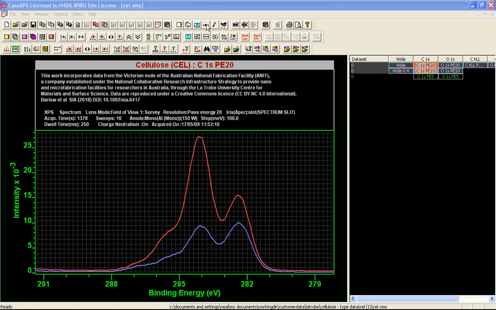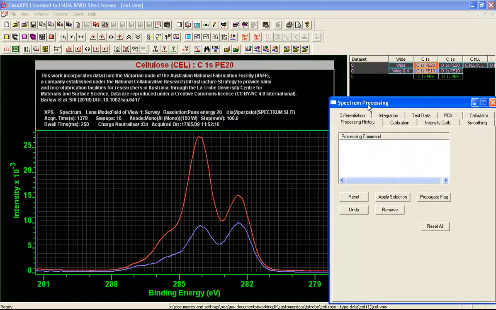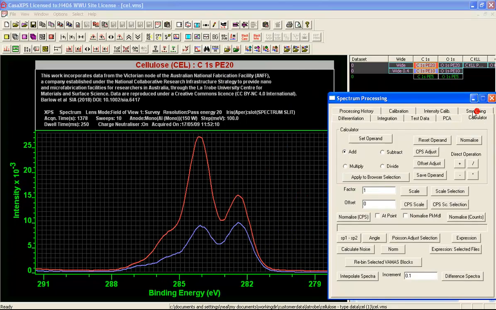The options for working out difference between spectra are on the calculator property page of this spectrum processing dialog window. And the button labeled different spectra applies to two spectra overlaid in the active tile, and it will create a new data file containing a sequence of spectra that are calculated from these two spectra, representing an evolution from the red spectrum to the blue spectrum.